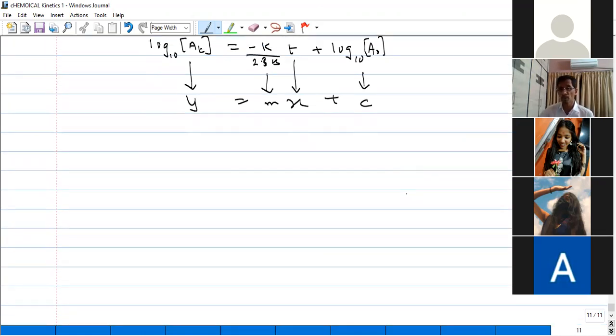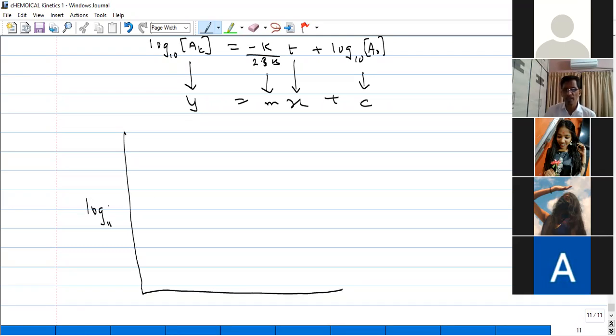That is the slope. So if you plot a graph of log to base 10 At against t, that is x, you'll get a straight line with a negative slope.